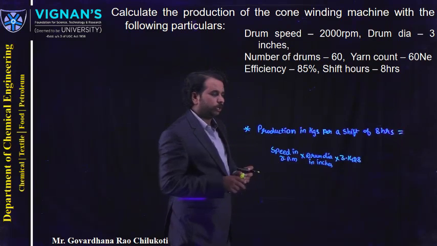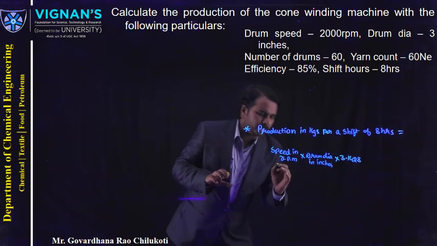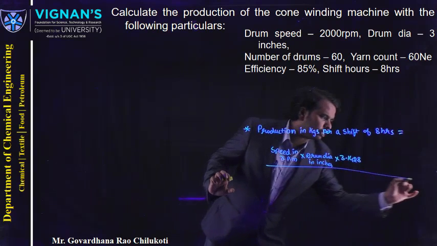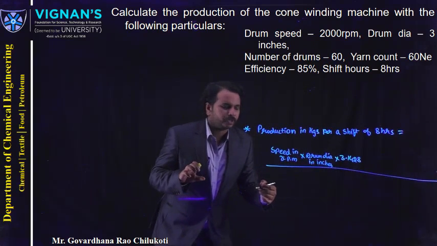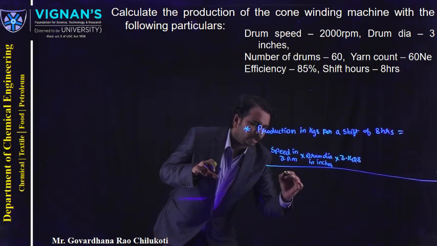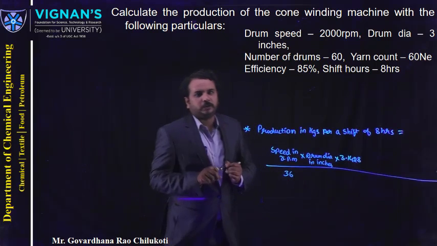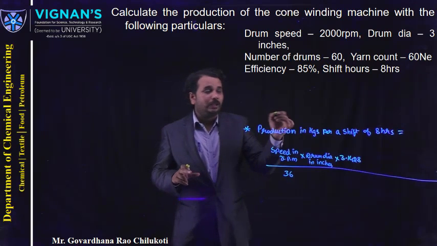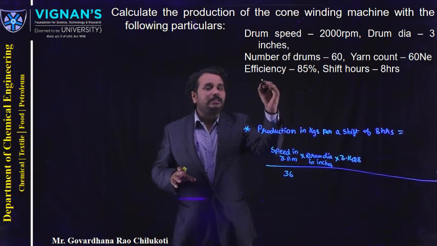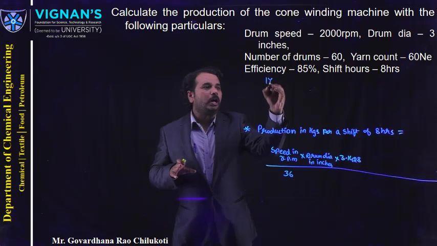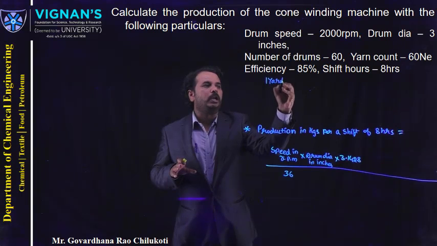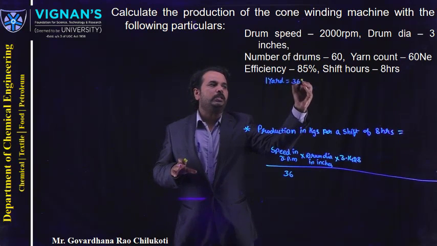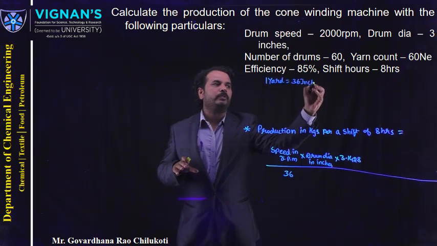Now I am going to convert inches per 1 minute into yards per minute by dividing by 36. As I told earlier, 36 denotes that 1 yard is equal to 36 inches.